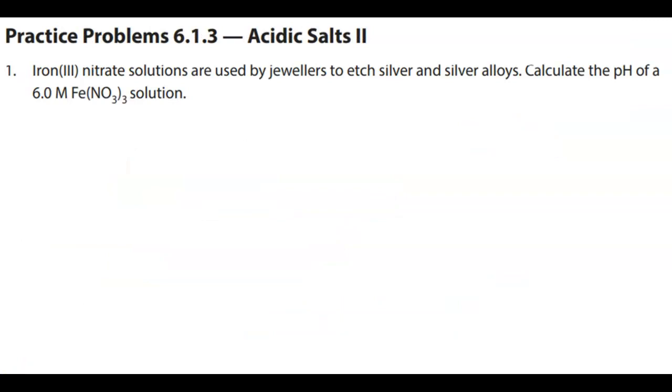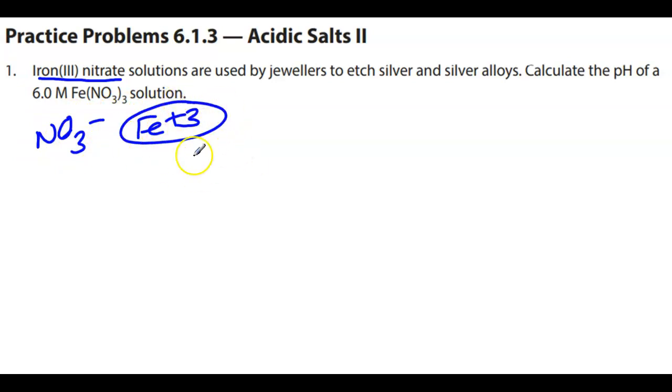Okay, so here's some example problems. So we have iron 3 nitrate, which really means we have nitrate and we have iron +3, which we know will make that iron water complex.